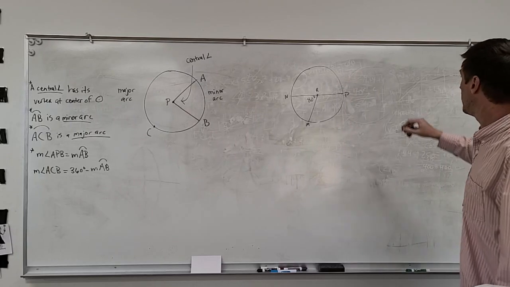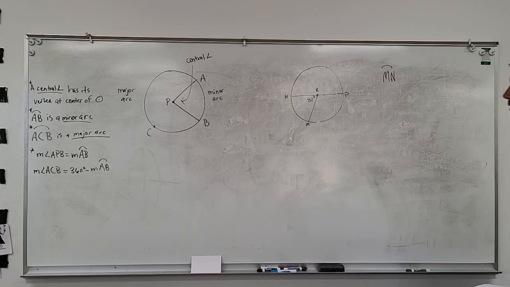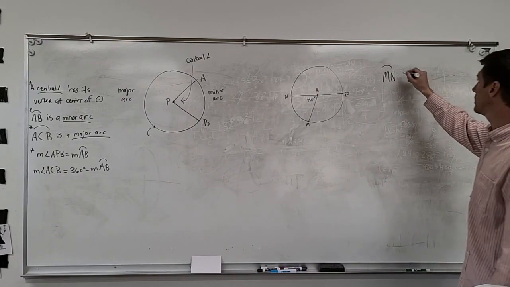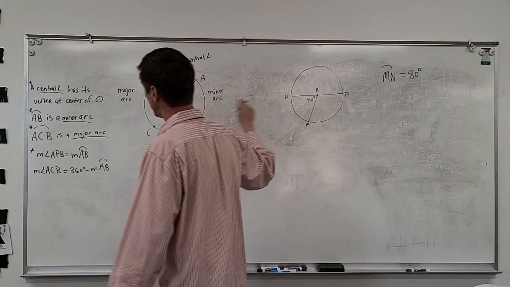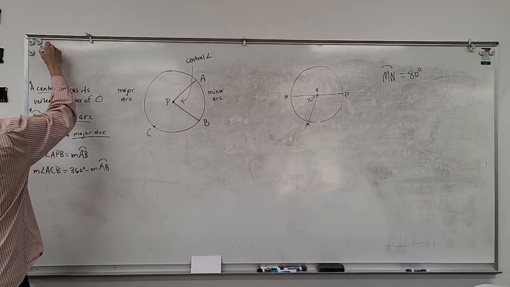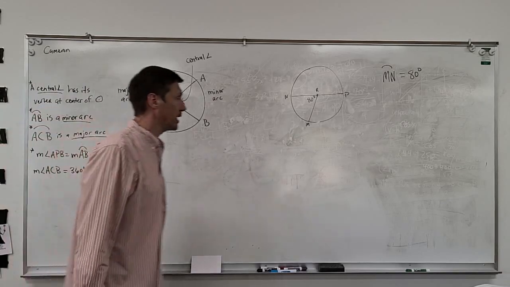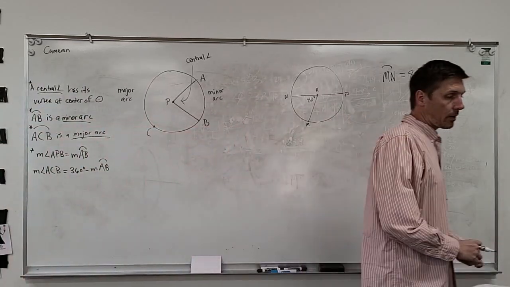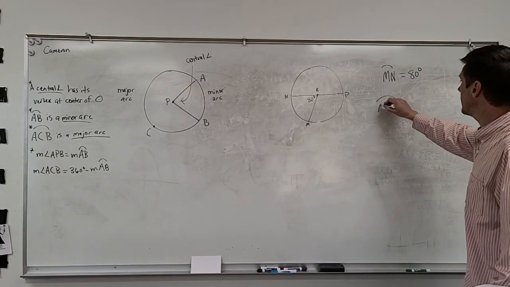So they want us to find the measure of arc MN. What's the measure of arc MN? It's 80 degrees, whatever the measure of that central angle is. The measure of the arc is the same as the measure of the central angle that matches that arc. What about the measure of arc MPN?